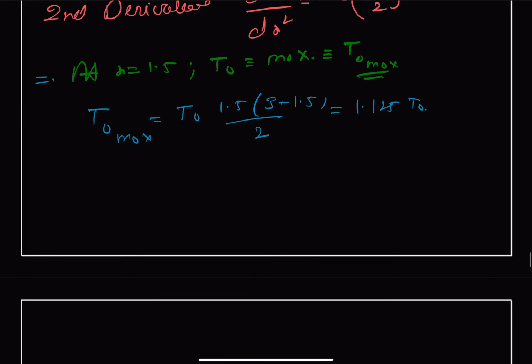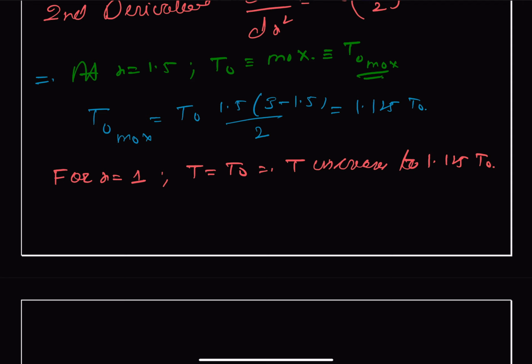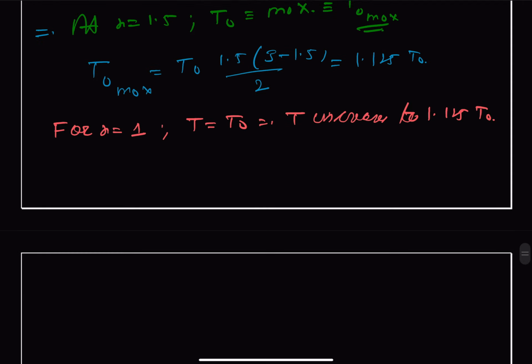So it means that for x equal to 1, we are having T equal to T naught, and this T increases to 1.125 times T naught, and at x equal to 2, T is equal to T naught.